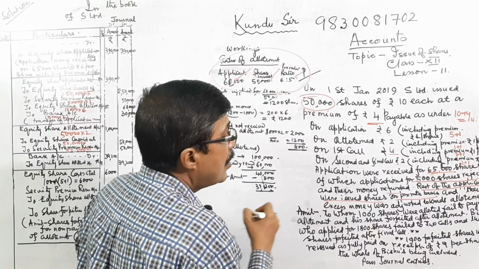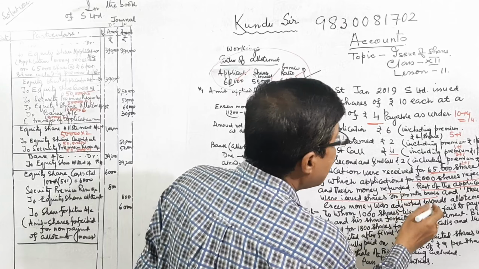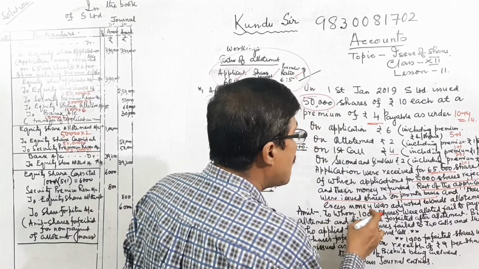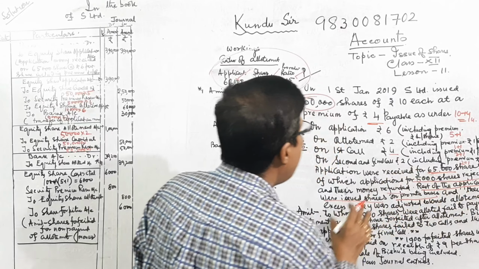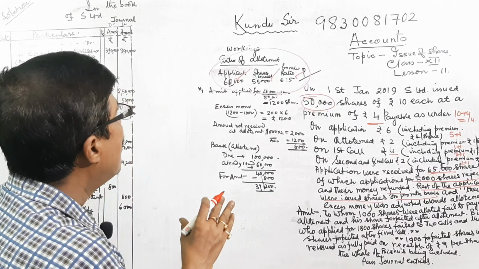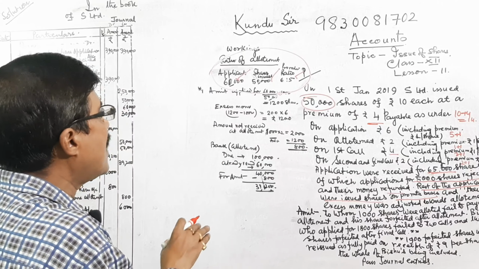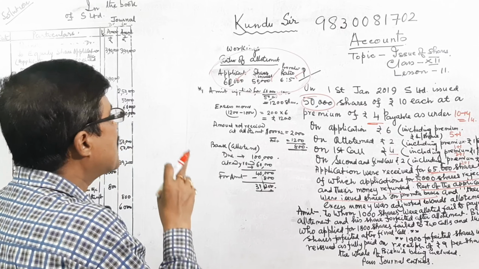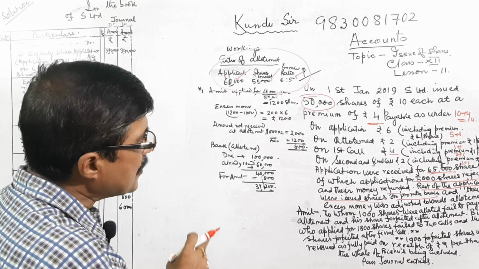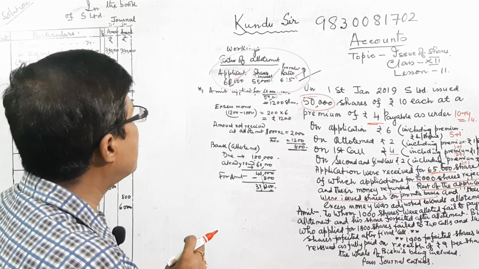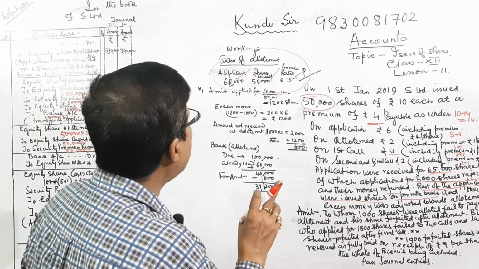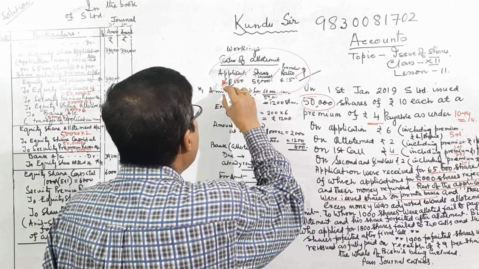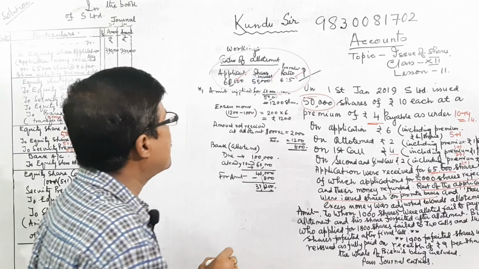Now the pro rata allotment is clear, and the excess money on 10,000 applications is duly adjusted. Because we have received 65,000 applications, we have refunded 5,000, and now in hand we have 60,000 applications.